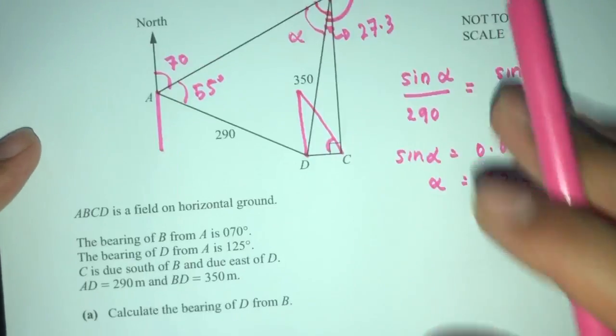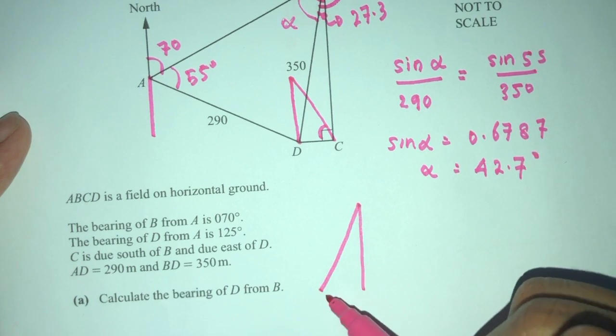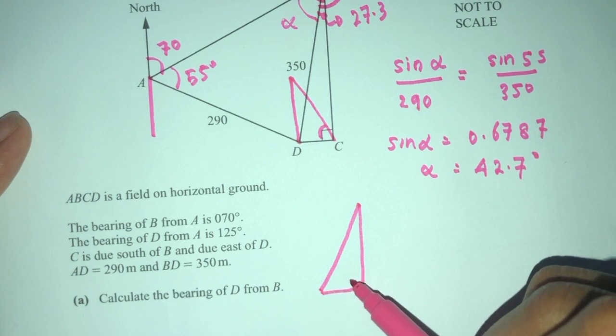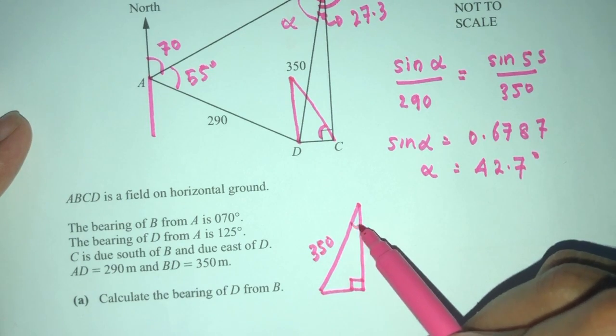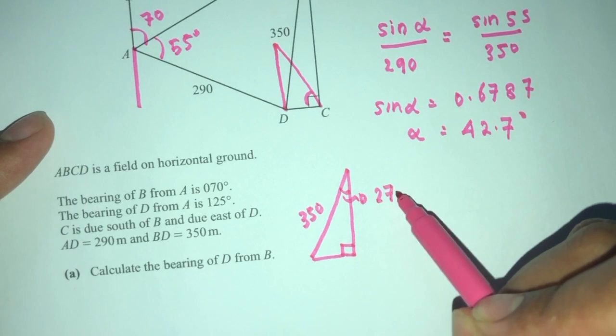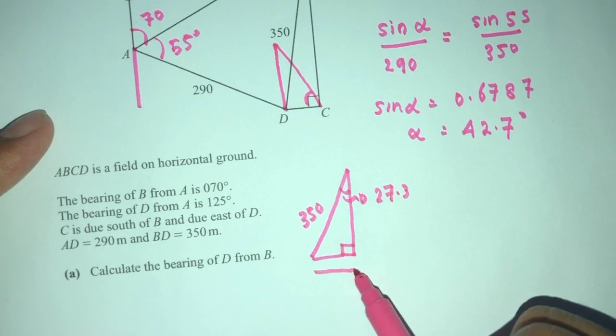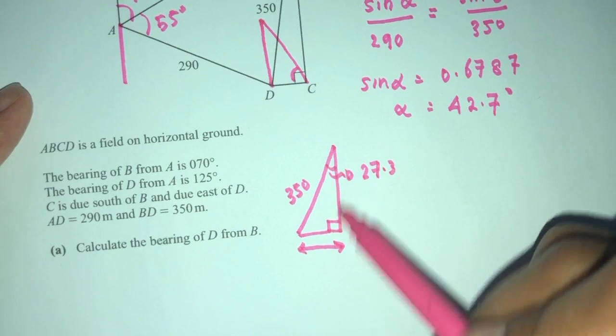So how can you find DC? If you look at this picture, what do we have? We have D, B, C as a right angle triangle. This is 350, and this angle here, as we have seen before, it is 27.3. So we can find this one using also SOHCAHTOA, right? So if you know SOHCAHTOA, this is our what side?